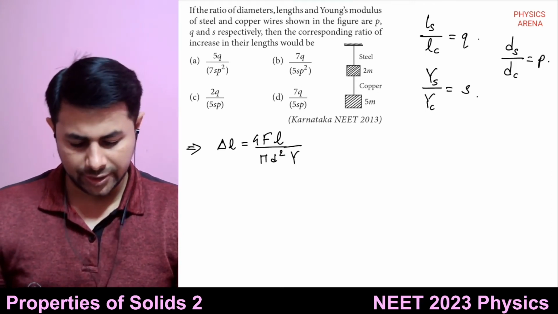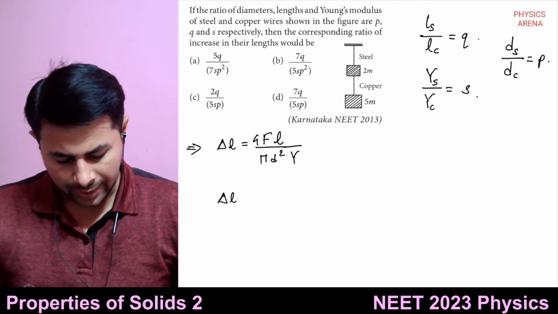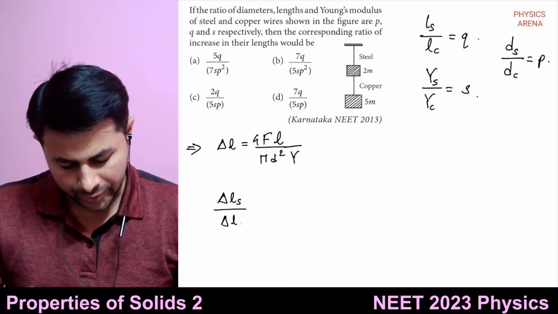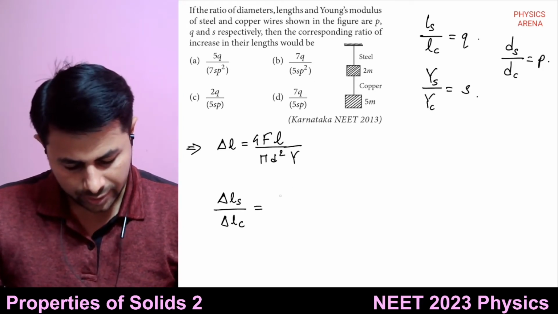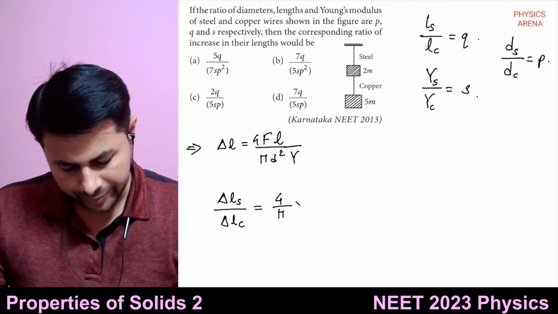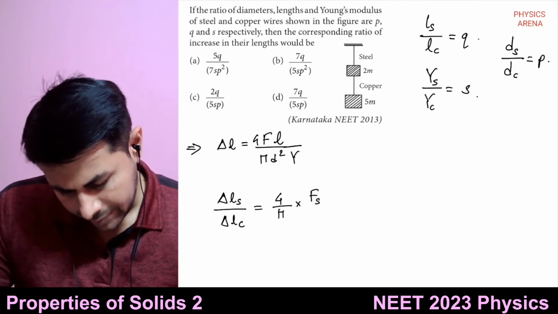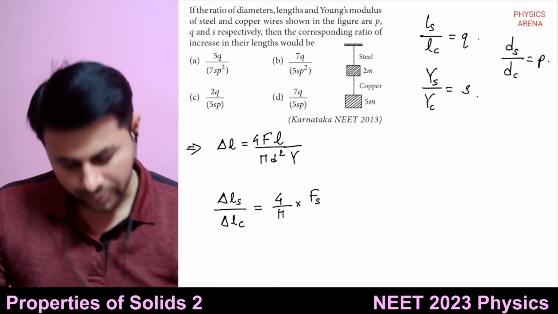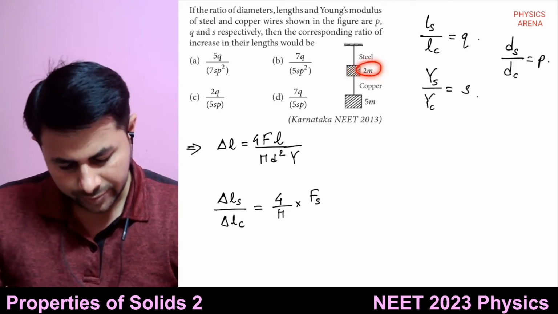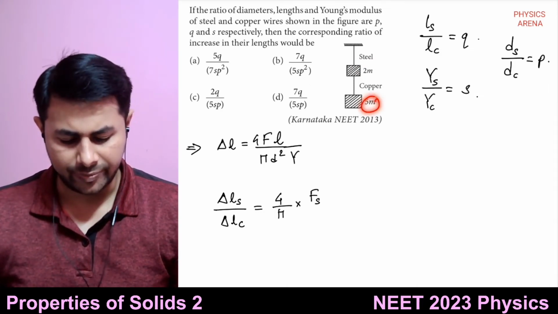After that we just have to take the ratio. So delta L of steel and delta L of copper is 4 upon pi, which will be constant, into the force acting on steel. This mass is 2m, this mass is 5m.